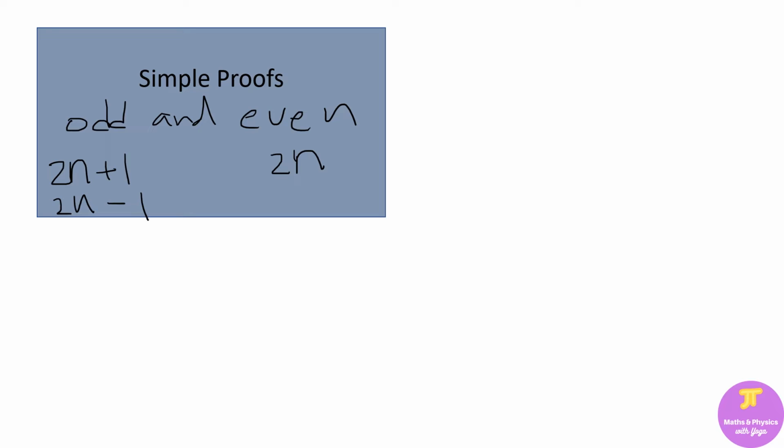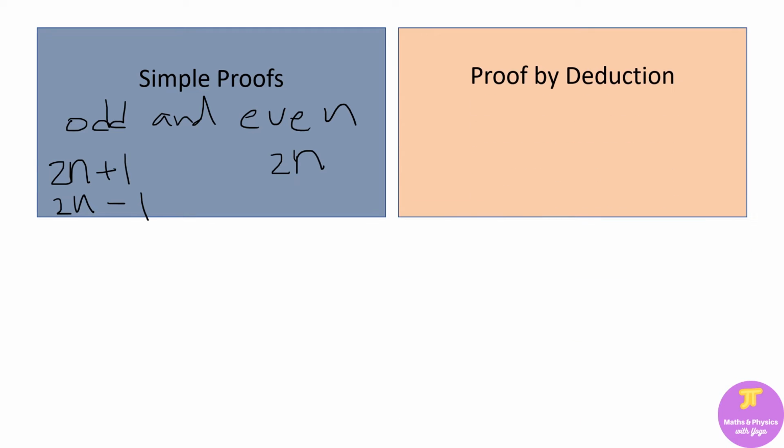The second type of proof is called proof by deduction. Proof by deduction is when you use known facts to build up your argument and show a statement must be true. For example, let's say there are two numbers A and B, both of them rational numbers.